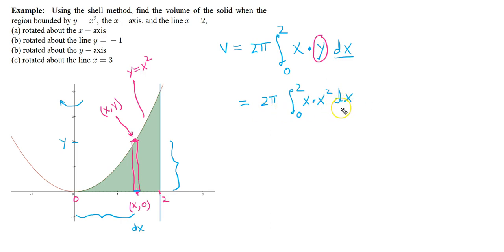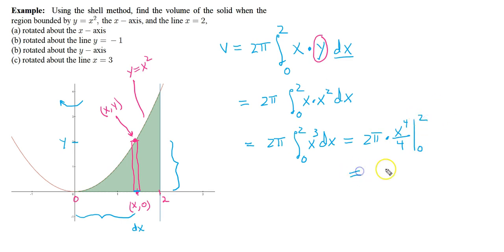And there you go. This, of course, being x cubed. And that's pretty easy to evaluate. And there you go. There's our answer.